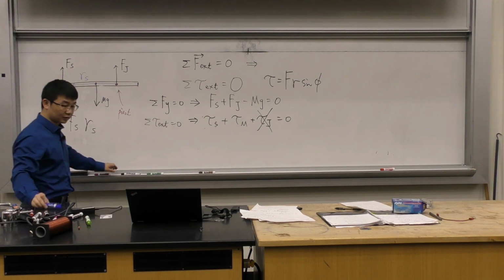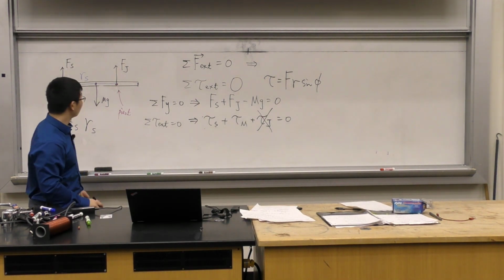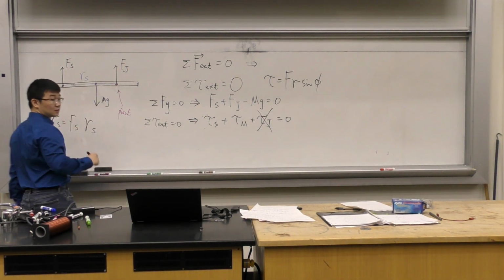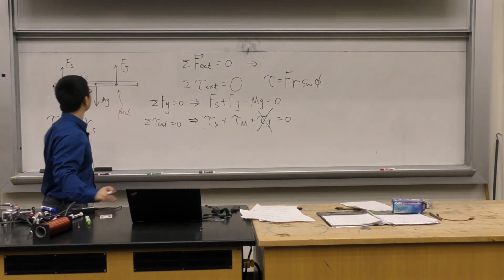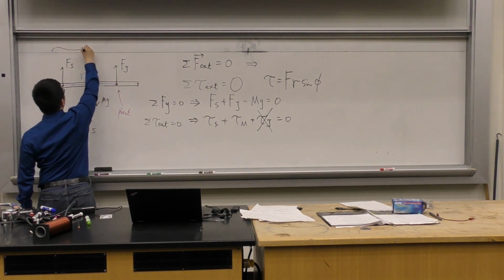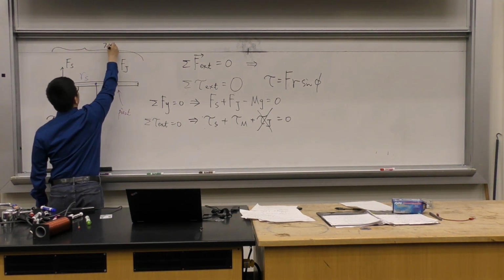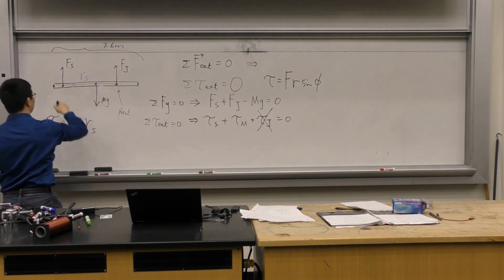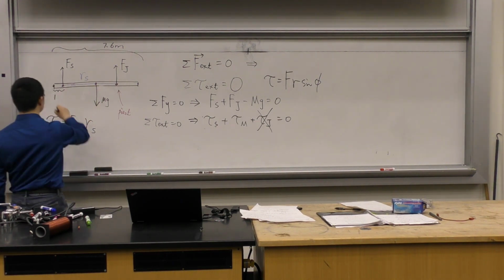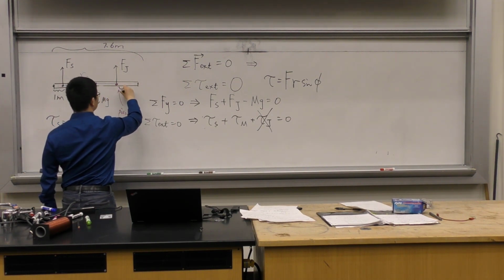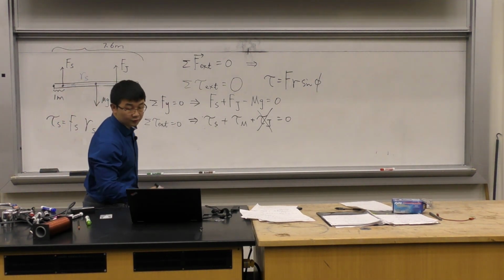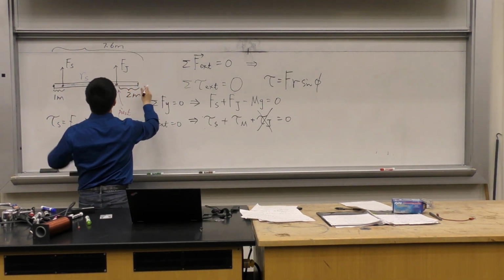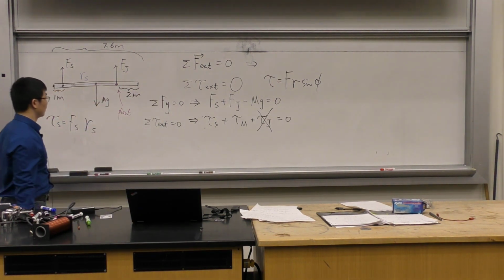But you know a lot of numbers, right? You know the total is 7.6 meters, and this is 1 meter, and this is 2 meters. You're going to use these numbers to find that arm.